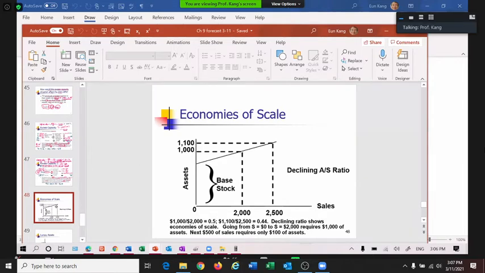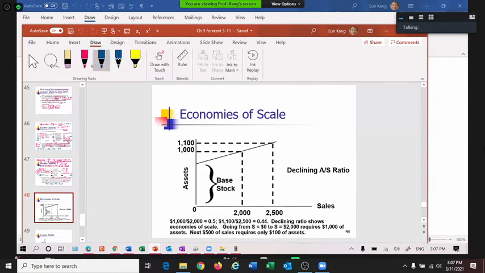Economies of scale. Before this line, oh, now it's working. So this line starts from 0, so that means the ratio always stays the same, right? Because it starts from 0.